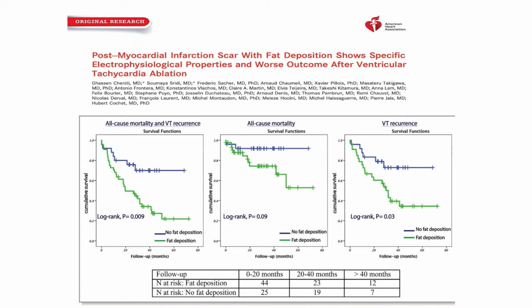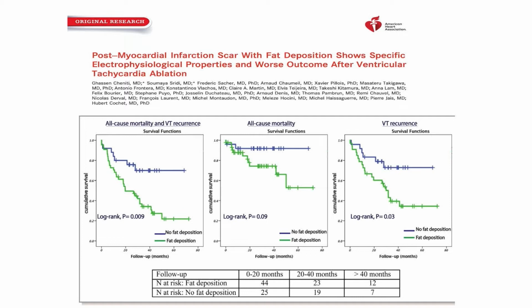Now, I mentioned that fat was interesting. If you look at this series that Hassan Chiniti reported from our group, you can appreciate in blue the cumulative survival in patients with no fat deposition on CT scan, and in green with fat deposition, meaning fat infiltration in the scar.